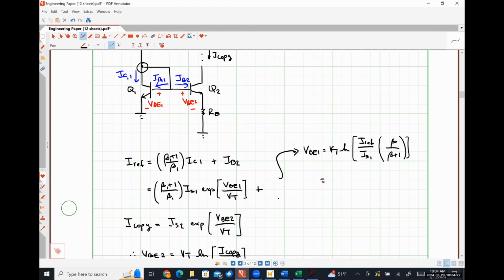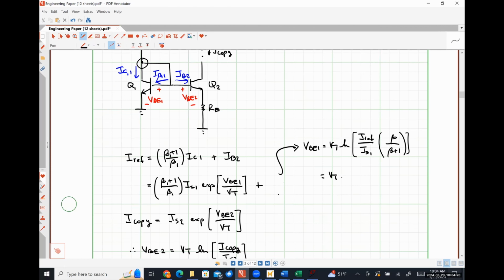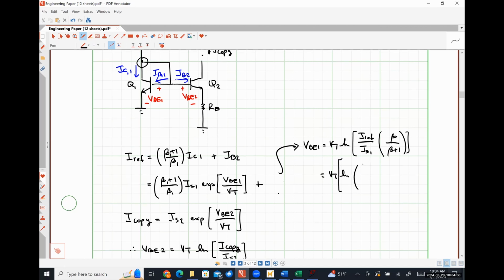Because of the properties of a natural logarithm, I could split this up into VT natural log, with these brackets, IREF over IS1 plus natural log of beta over beta plus 1.